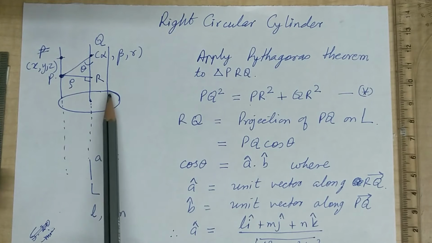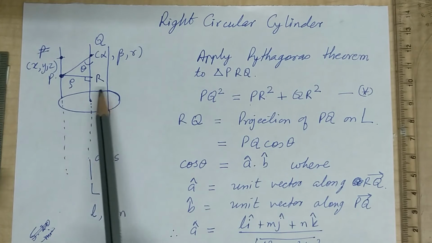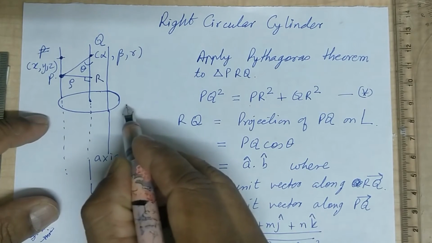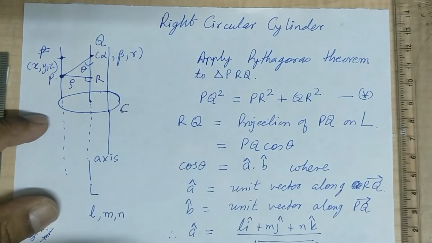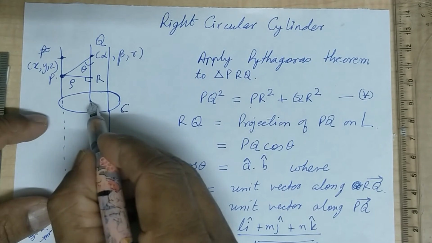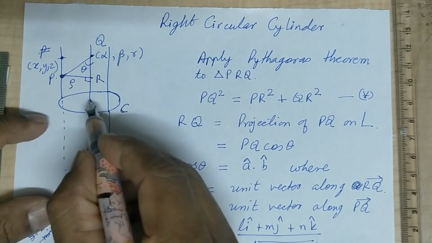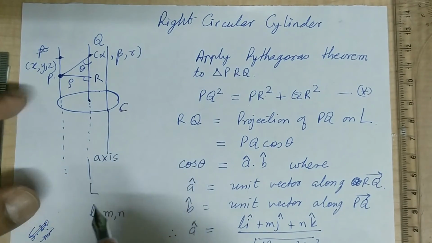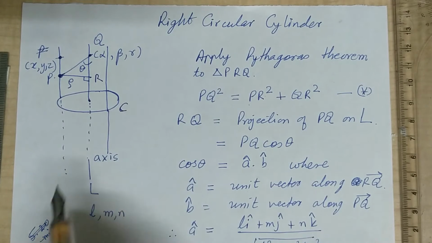What I have here is a circle. This is our guiding curve. This is the center of the circle. I have not given a name to it.